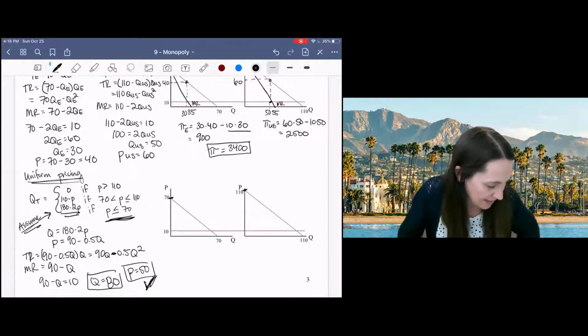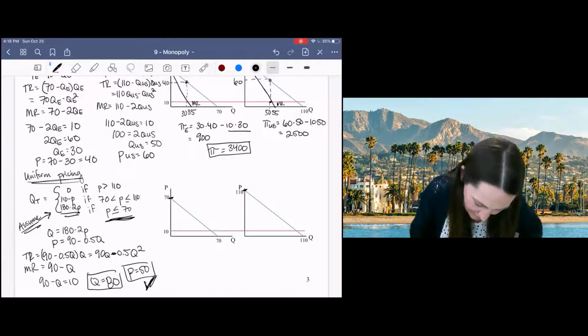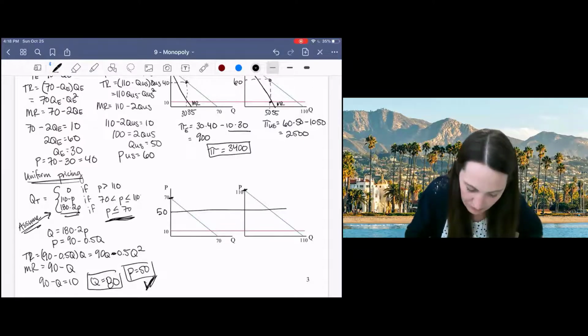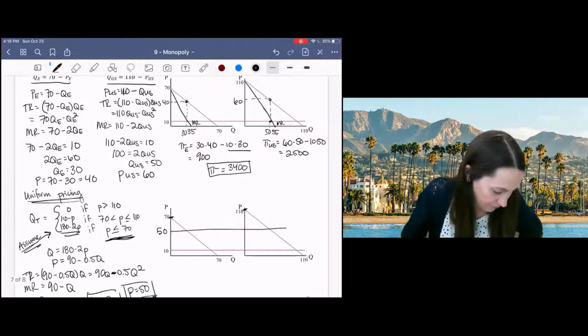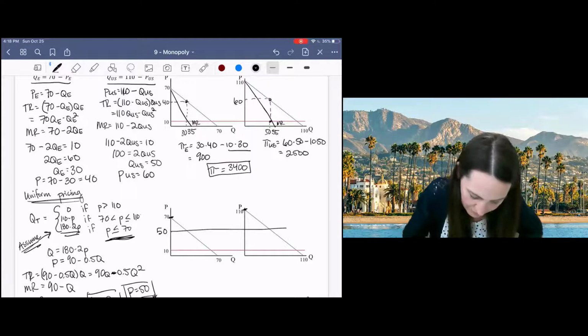Okay, so now what we want to do is think about how this new price at 50 has impacted people in both of these markets. So you can see that for the Europeans, the price has gone up from 40 to 50, meaning that the quantity in the European market has gone down to 20, right?